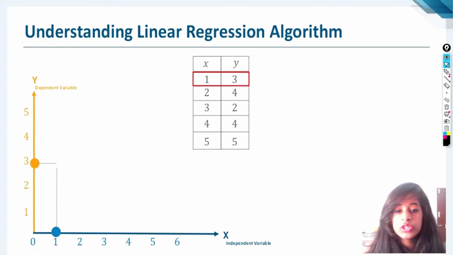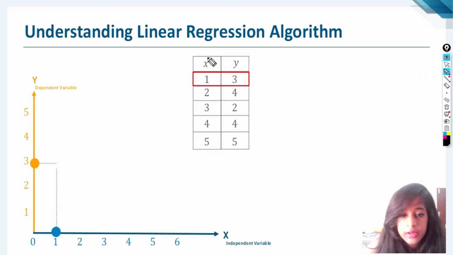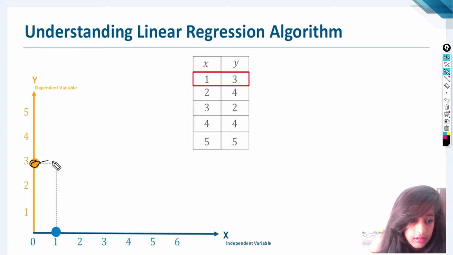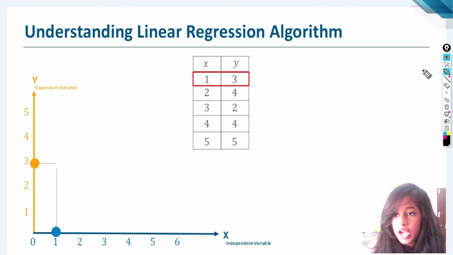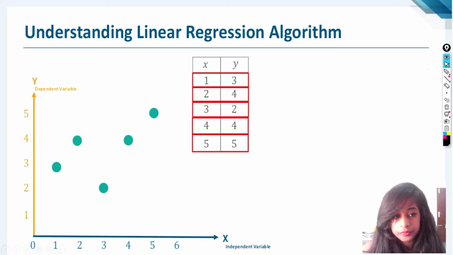Now we have to see how much correlation this variable x has with this variable y. Here we're going to check the first value of them, 1 to 3. So here is 3 and here is going to be 1. Now we're going to check how correlated they are.